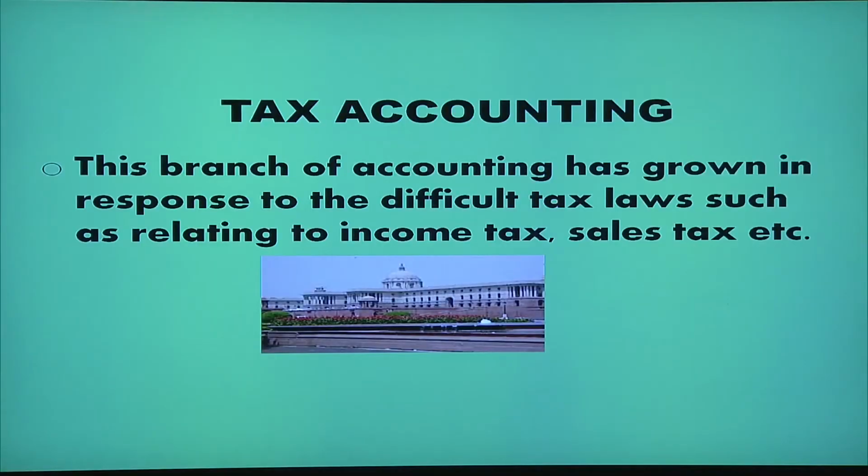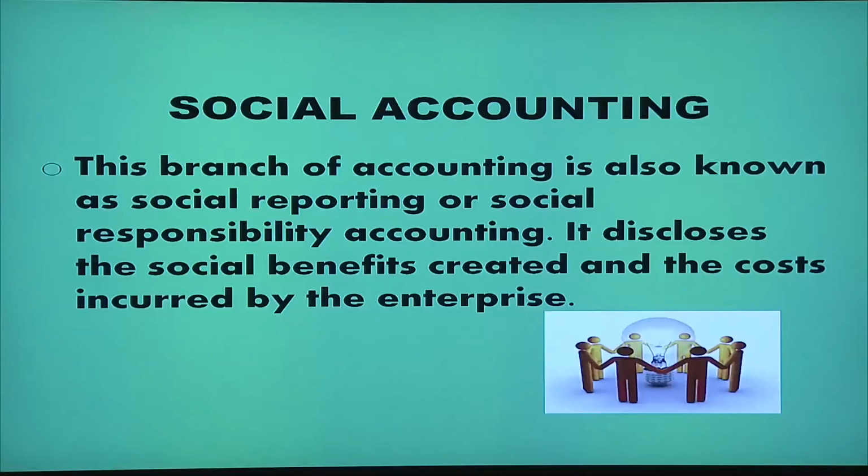Another branch of accounting is tax accounting. This branch of accounting has grown in response to the difficult tax laws like income tax, sales tax, etc. Now we can move to social accounting. This branch of accounting is also known as social reporting or social responsibility accounting.